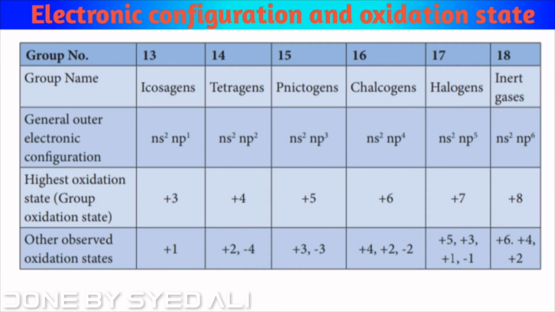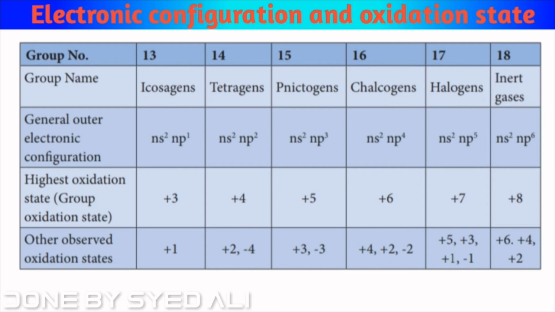The halogens have +7 as the highest oxidation state, while group 18, the inert gases or noble gases, have +8. But the most common oxidation state or oxidation number for halogens is -1. Why? Because the halogens are very near to the inert gases or noble gases.